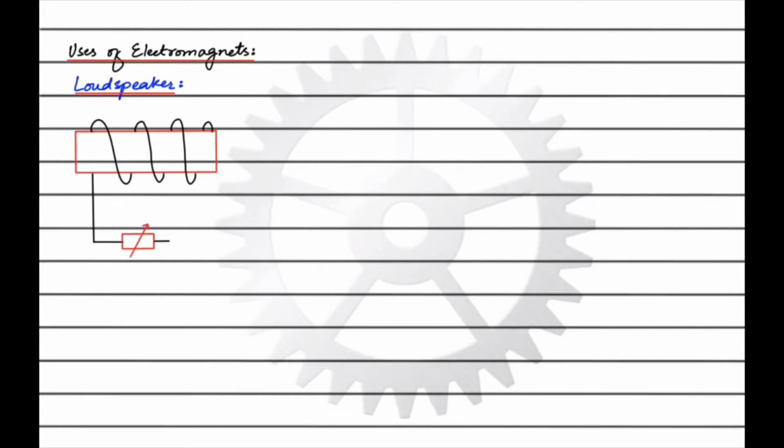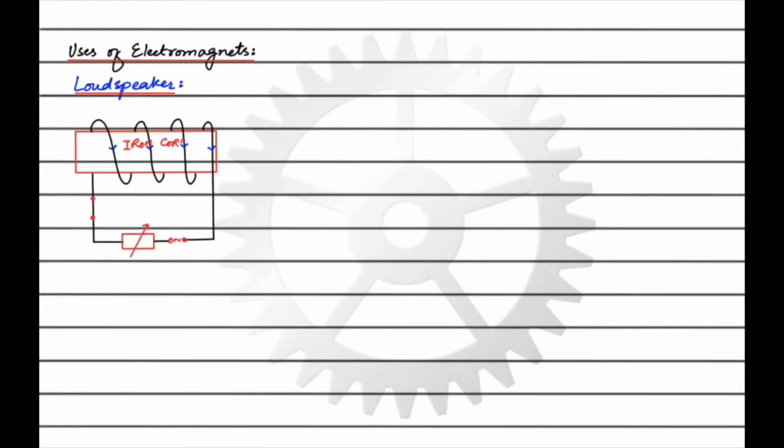Uses of electromagnets. There are various applications of electromagnets in daily life, but let's start with the basic ones, and the loudspeaker is one of them. A loudspeaker has two magnets. One is an electromagnet, connected with the AC supply, which, as I have told you, is alternating current supply. Alternating current has an alternating magnetic field.